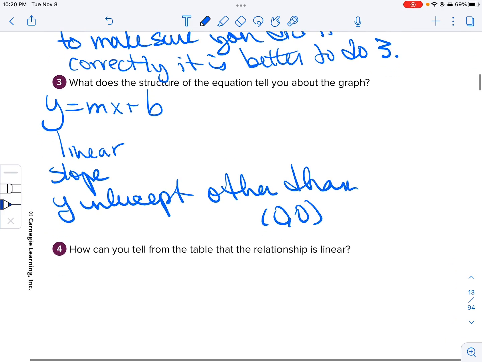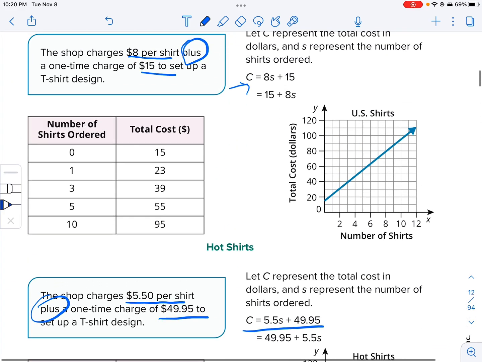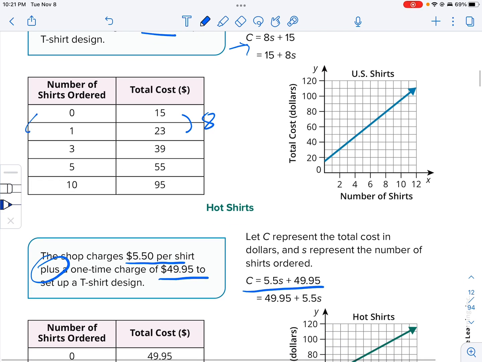How can you tell from the table that the relationship is linear? Okay, so we haven't really talked about it, but we could find this goes up by 8, this one up by 1, this one up by 16, this one up by 2.